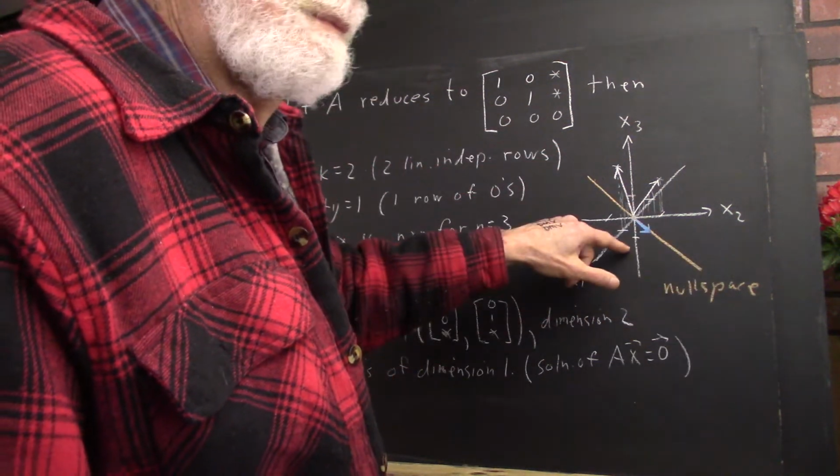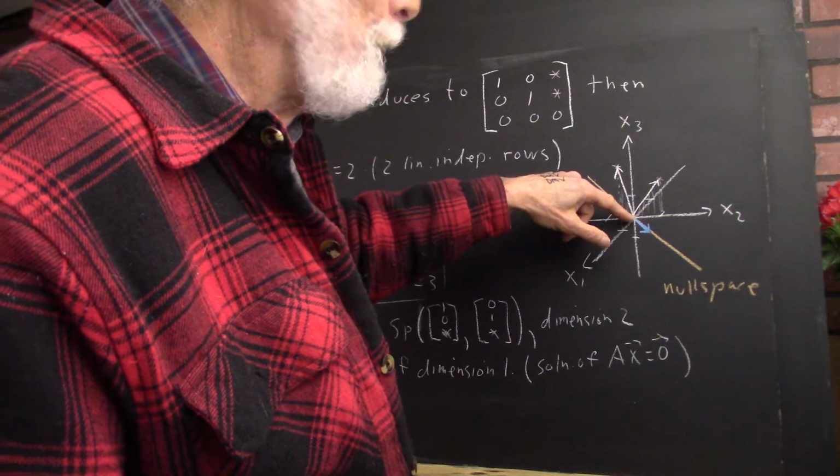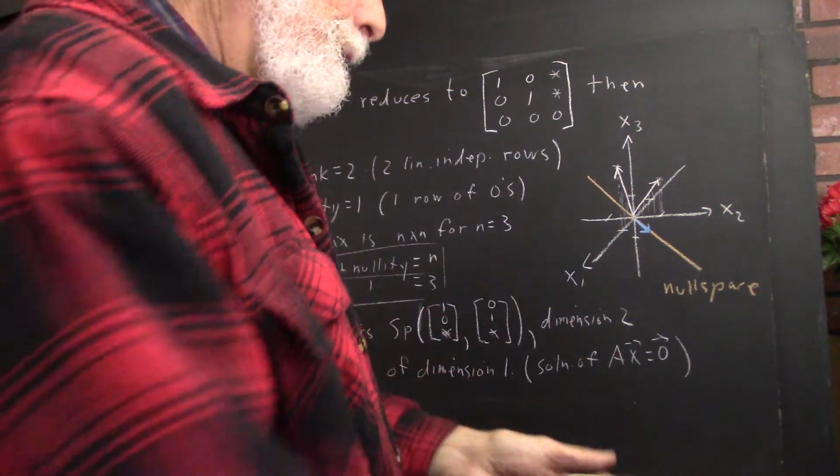This is a line through the origin parallel to this vector.